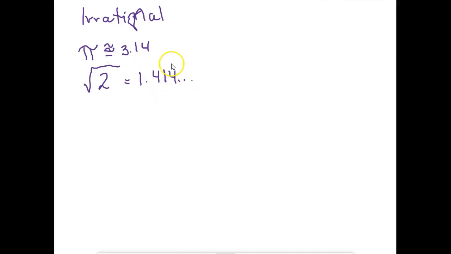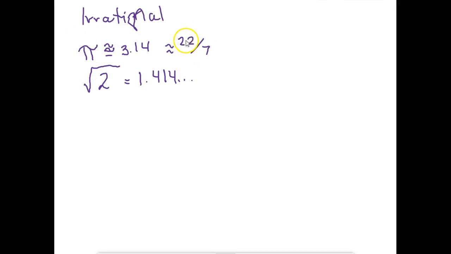Because there's no repeating pattern to work with, we are not able to write it completely as a fraction. So with 3.14, I know some people say 22 over 7, that's another one that's approximately equal to, and that's great, except that it isn't the exact number. It's not exactly pi.